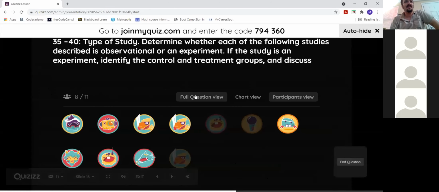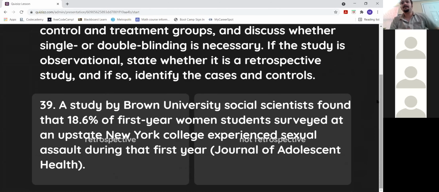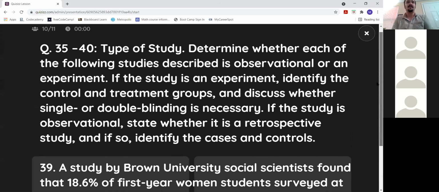Are they determining another factor? So when we had people that lied and didn't lie, it was determining their brain structure. Here we have people that have been assaulted and we have people that have not been assaulted. So maybe you might think those are cases and controls, but is that determining anything? Is that determining another factor? Are we grouping that and saying that this is some kind of determining factor on something else?